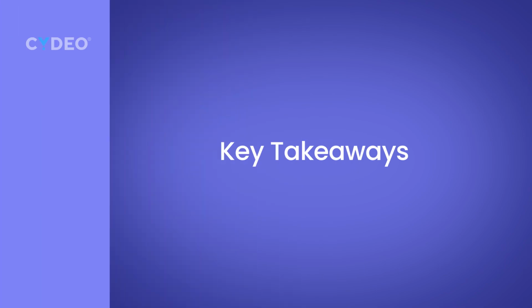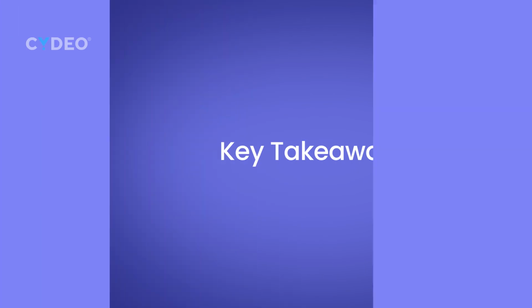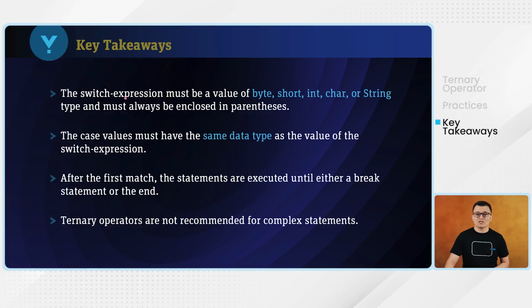Okay. And here are a few key takeaways from this module. So we learned the switch statement. We stated that the switch statement's expression must be a value of byte, short, int, char, or string, or any enum type. Okay. And those case values must have the same data type as the value of the switch statement's expression.